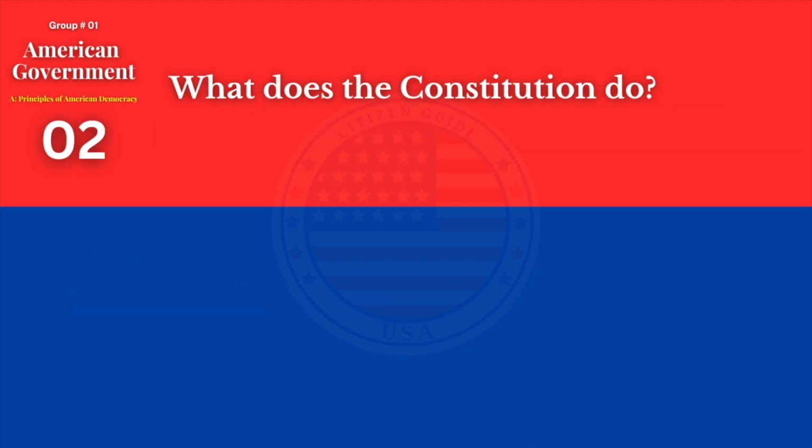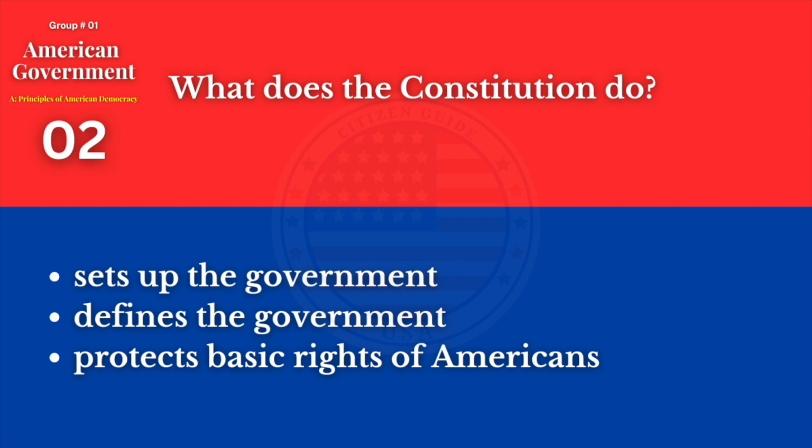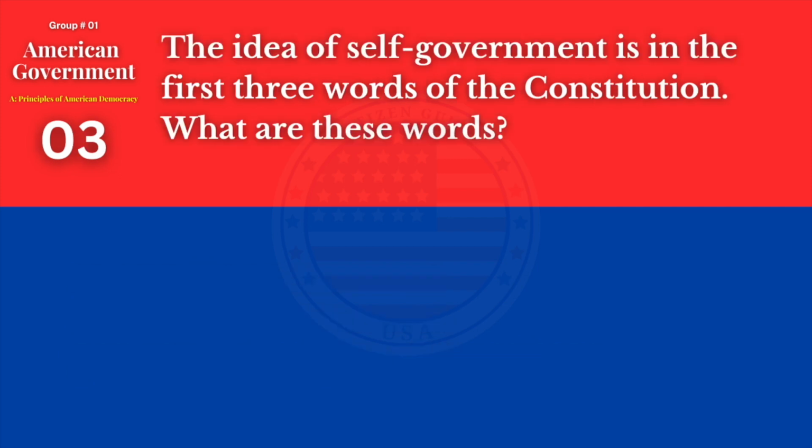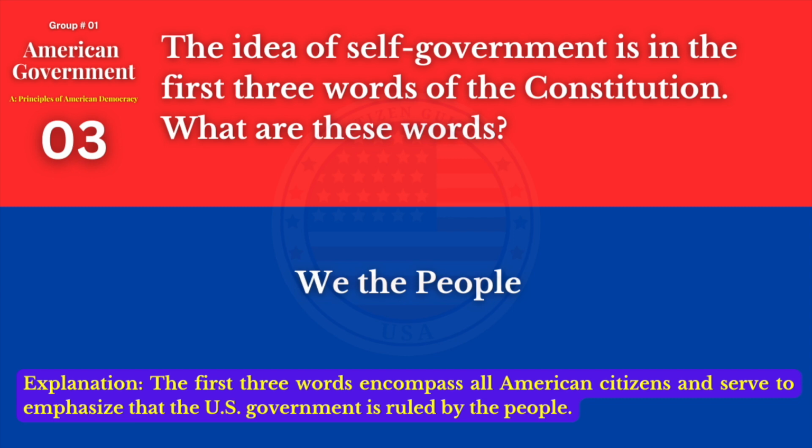What does the Constitution do? Sets up the government. The idea of self-government is in the first 3 words of the Constitution. What are these words? We the people.